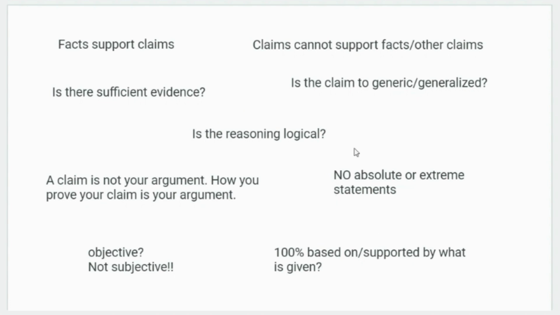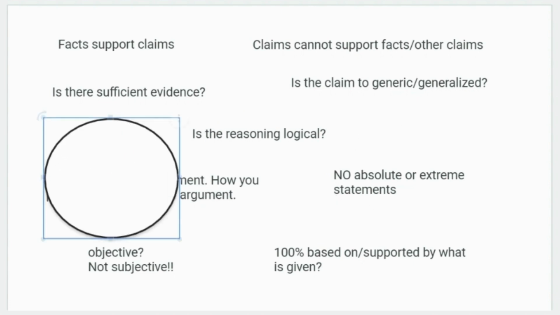If you have this phenomenon you're explaining, and you have evidence for this much, you cannot generalize it to talk about this as well. That would be a generalization. Or if you have some evidence that is huge, you cannot use that to talk about something too specific and narrow. It's too minute. Take this as merely a dot here.